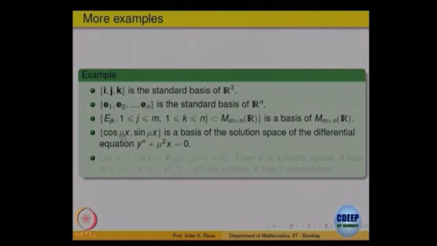If I put y equal to cos mu x or y equal to sin mu x as functions, then they will satisfy this equation. You can just check, because when you differentiate, mu will come out, it will become sin, once again differentiate, it will become cos again. One will give a plus sign, the other a minus sign. So, both are solutions.